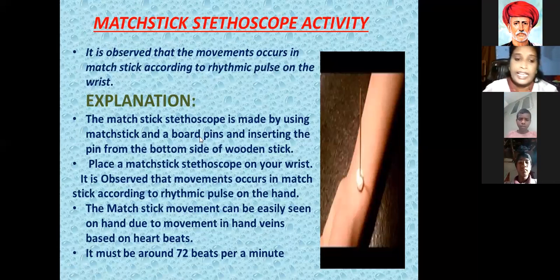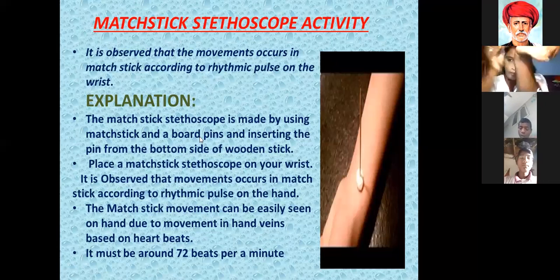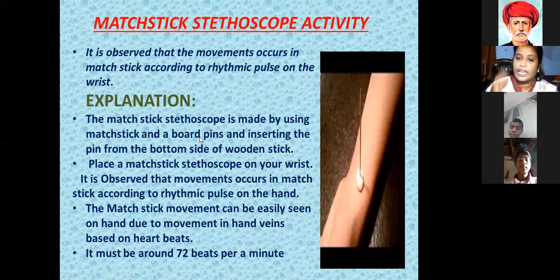Next, place the matchstick stethoscope on your wrist. It is observed that movements occur in the matchstick according to the rhythmic pulse on the hand.